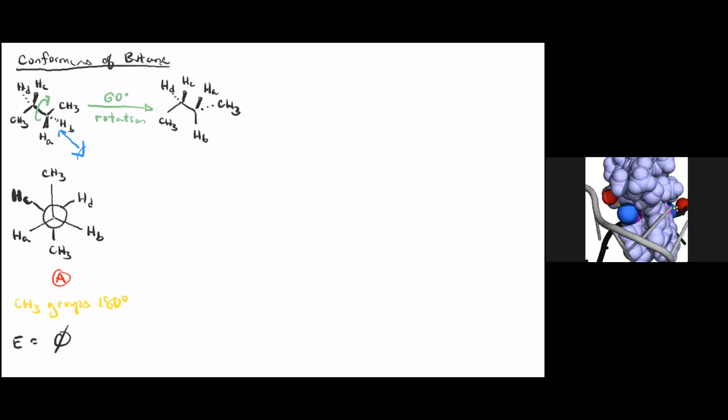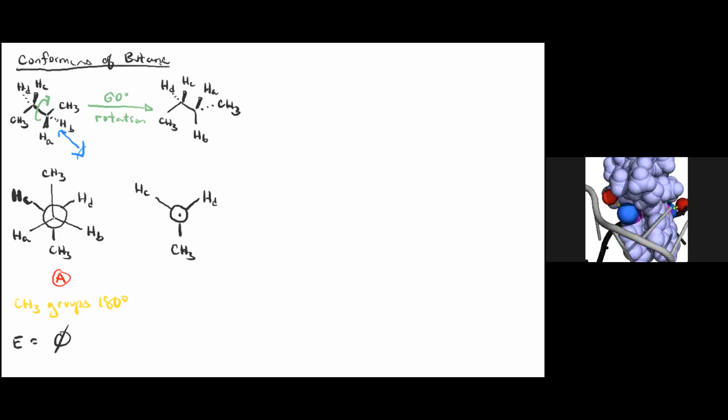And so I'm going to convert that again to a Newman projection, and same strategy. Let's start with the atoms that didn't move. And so if I want, I can just copy the back carbon from my first Newman projection. I don't even have to think about it. Okay. And then I need to draw the substituents for the right-hand carbon.